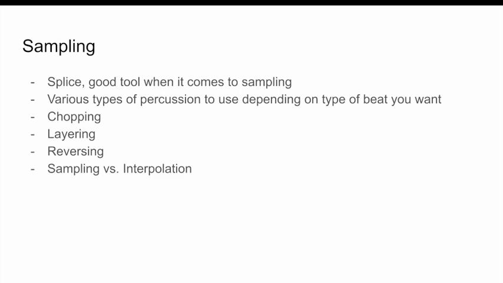And then one final thing: sampling versus interpolation. Let's start with sampling. Sampling is using another person's music and adjusting it in a way to make it sound different, yet it's still similar. Interpolation usually occurs mostly with vocals, so you could be singing something in the same flow and the same pitch as somebody else, or rapping something with the same flow as someone else, and that would be interpolating a certain rapper.